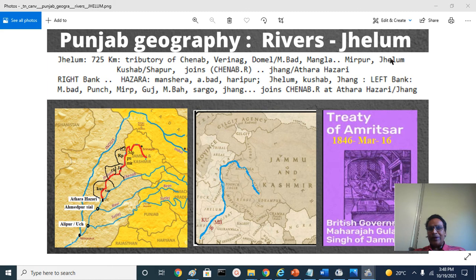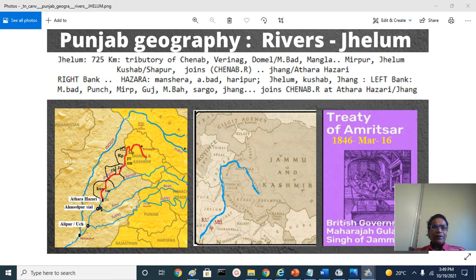JHELUM River continues its journey, separating Muzaffarabad, Poonch, and Mirpur on this side, and Hazara district and Rawalpindi district, JHELUM district and Chakwal district, Kushab district on the other side, Sargoda on the eastern side and Mandi Bahauddin and Gujarat on the eastern side.